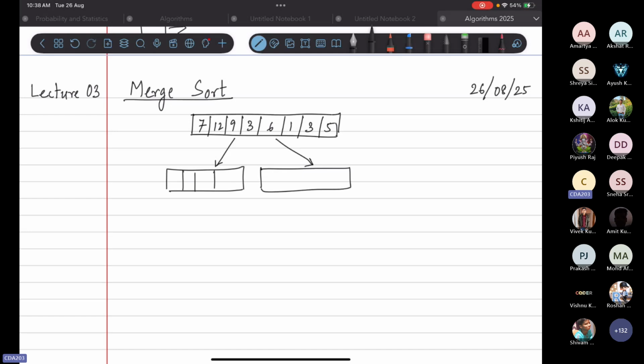I'll consider the 4 numbers from the beginning and the remaining 4 numbers. Now, my goal would be to sort this set of numbers, and after that we are going to sort the other set of numbers. And how are we going to sort these numbers?